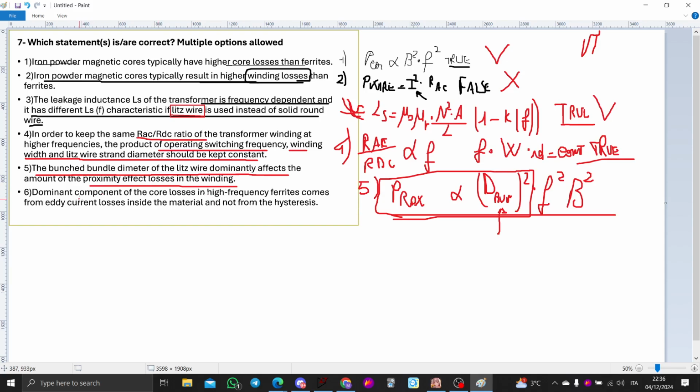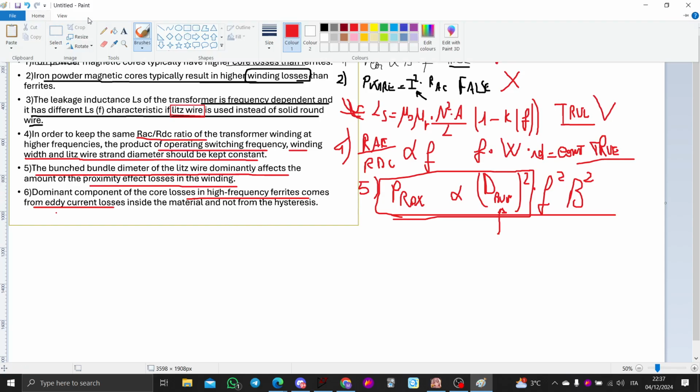Then 6. Dominant component of the core losses in high frequency comes from eddy current losses. This is false. Because, in high frequency, the key here is high frequency losses.